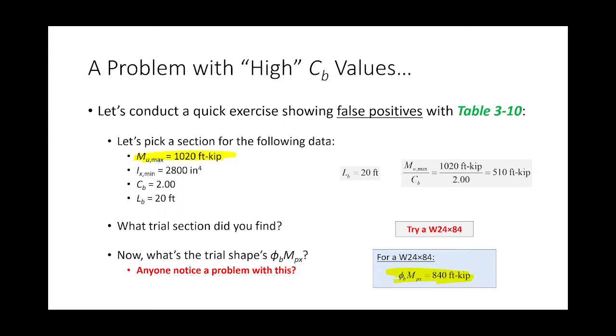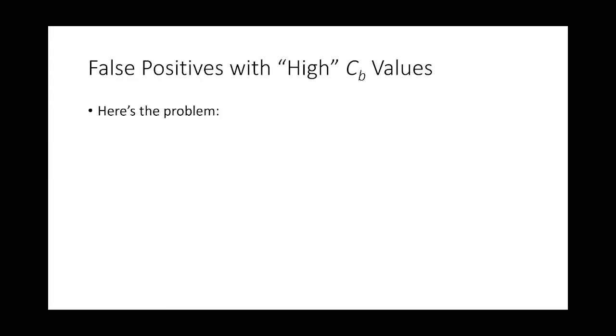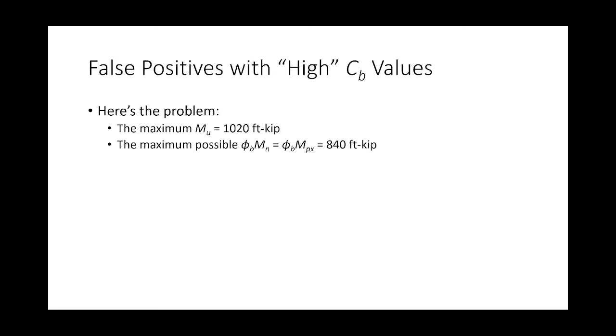This is a case where table 310 told us that that's the answer, but it's not. So here's the problem. The maximum MU is 1020 foot kips, but the maximum possible phi MN is phi MP, which is 840, okay? This section doesn't work.